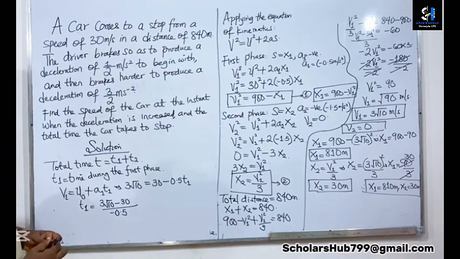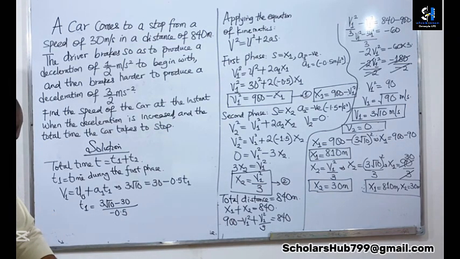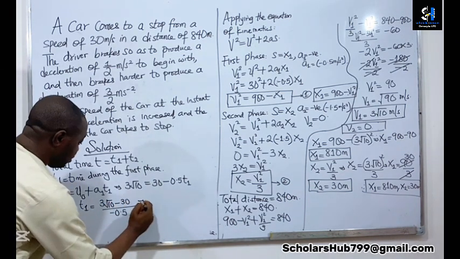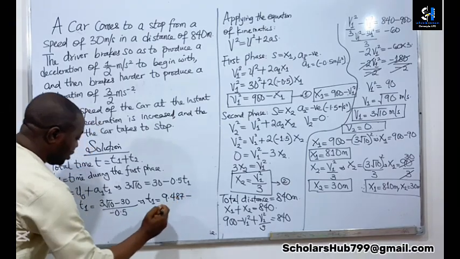Let's get the value of 3 root 10. The value of 3 root 10 is 9.487.